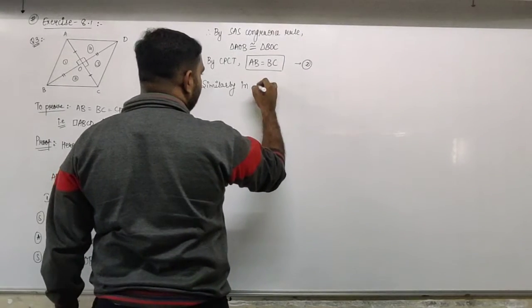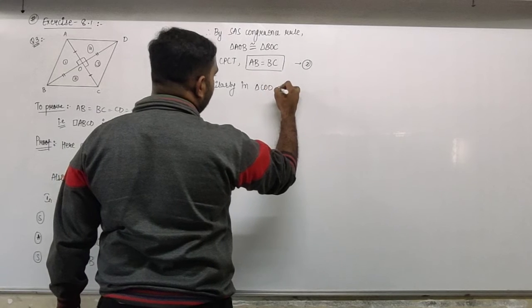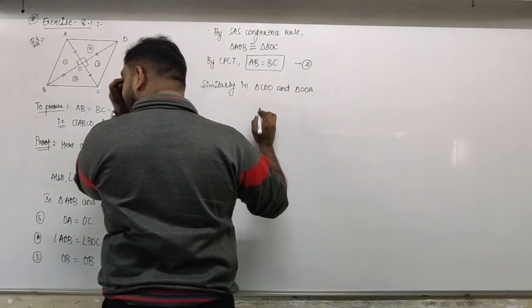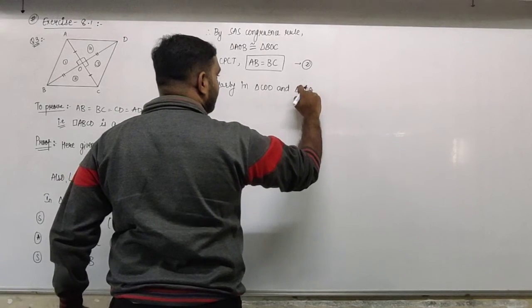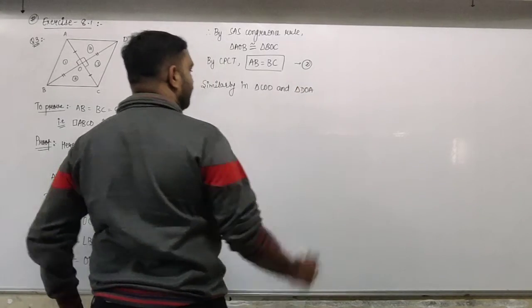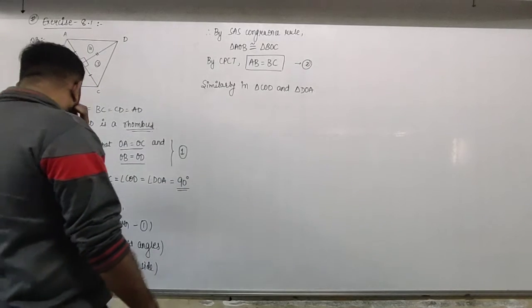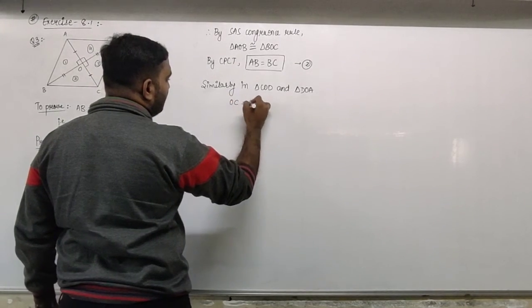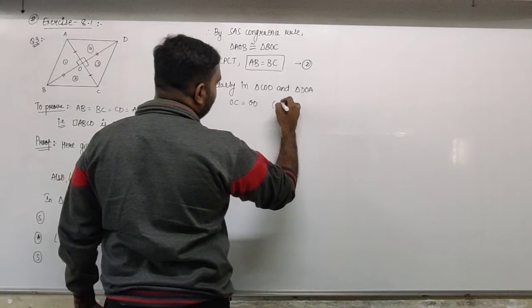In triangle COD and triangle DOA, ટ્રાયેંગલ COD અને DOA. તો ત્યાં શું થશે?